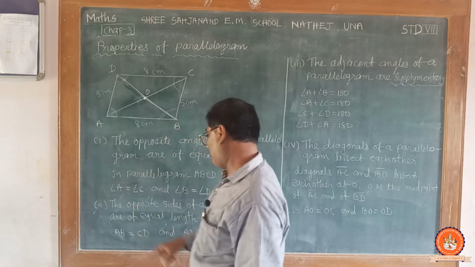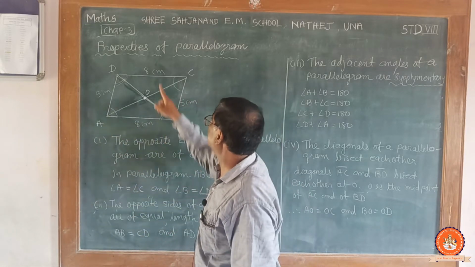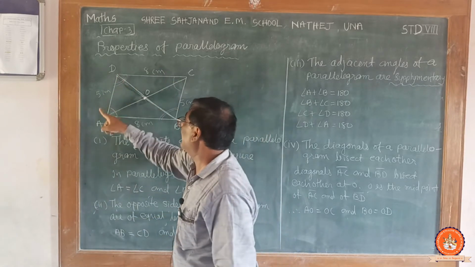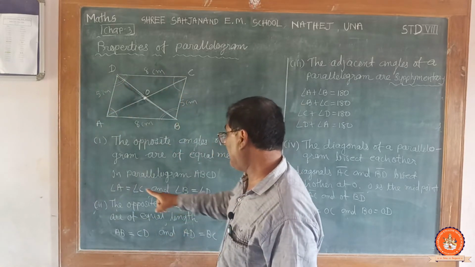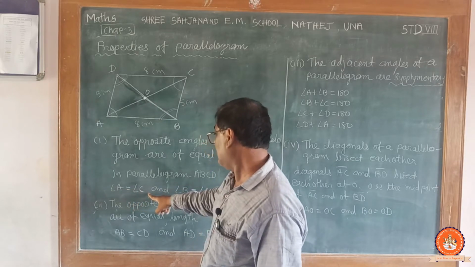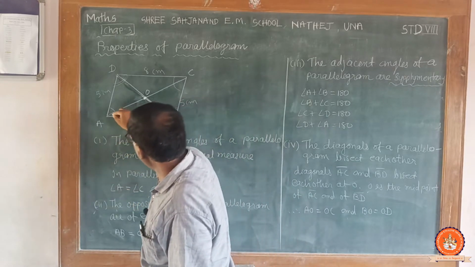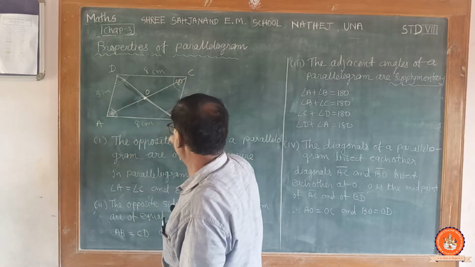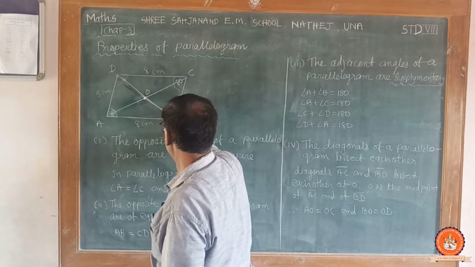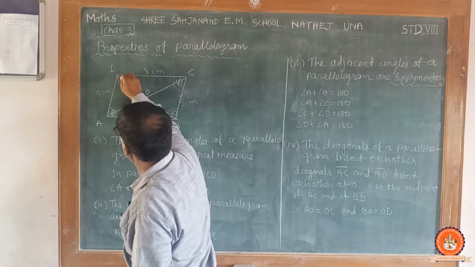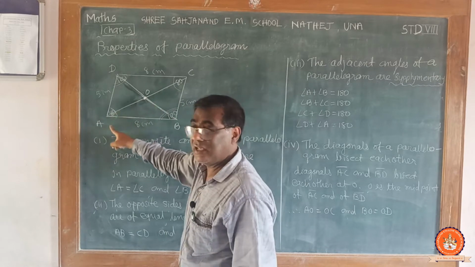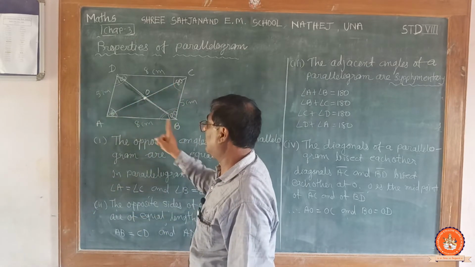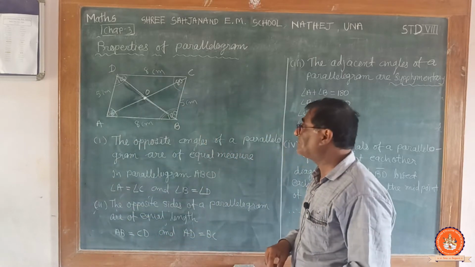So opposite sides means AB and CD: AB is equal to CD and AD is equal to BC. यहाँ पे भी देखो, angle A is equal to angle C. अगर ये 80 डिग्री का है तो ये भी 80 डिग्री का होगा, और ये 100 डिग्री का है तो ये भी 100 डिग्री का होगा. Okay, opposite angles are equal and opposite sides are equal. This is the properties.